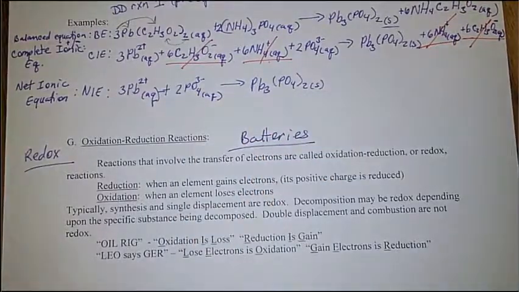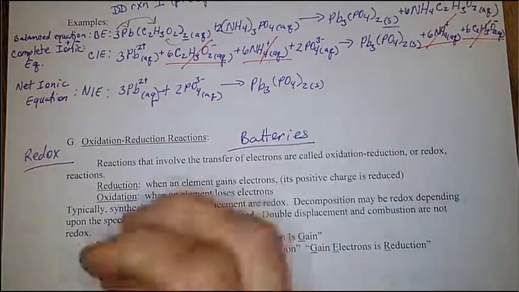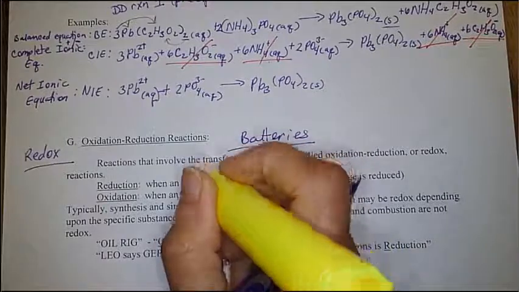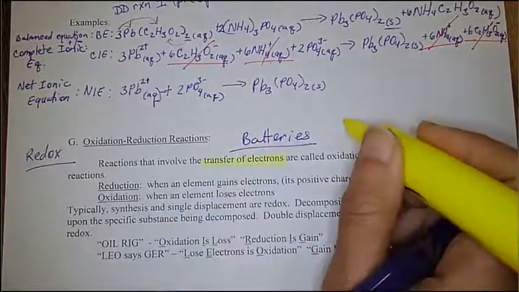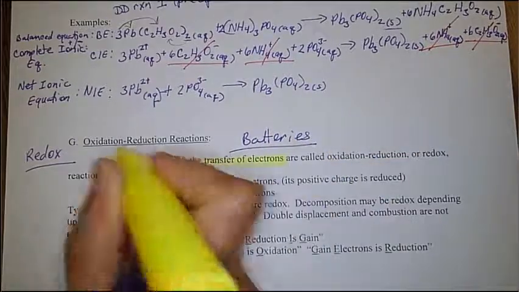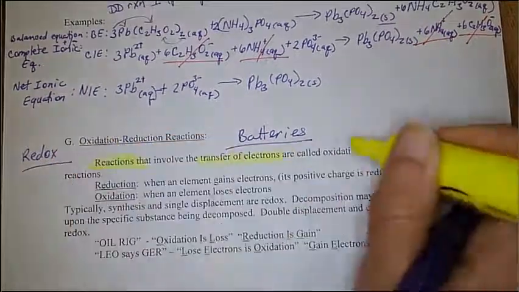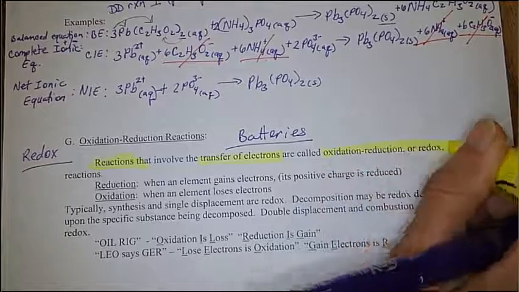These reactions are actually involved in the transfer of electrons. And when these reactions involve the transfer of electrons, we say that it is oxidation or redox reactions that are occurring.